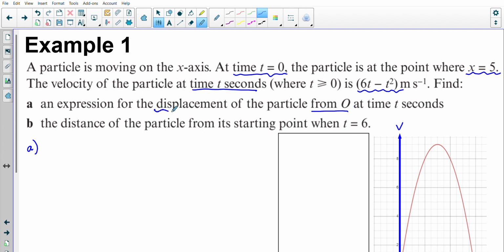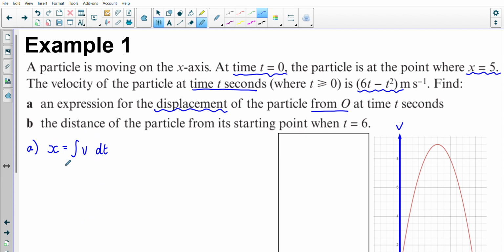So we're finding displacement, so I'm going to integrate the velocity to find the displacement. I'm going to say x is equal to the integral of v with respect to t. So I'm integrating v with respect to t.